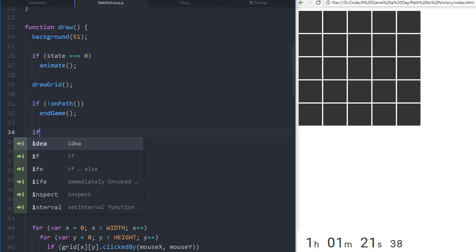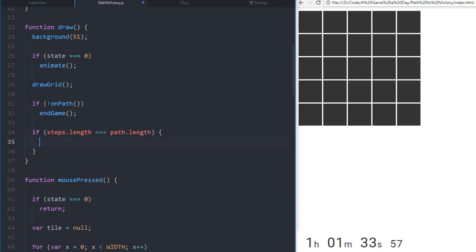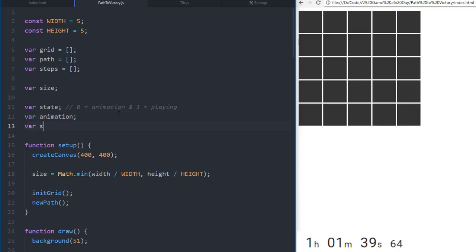However, we want to say if steps.length equals path.length, then we want to increment score. Say score equals 0.